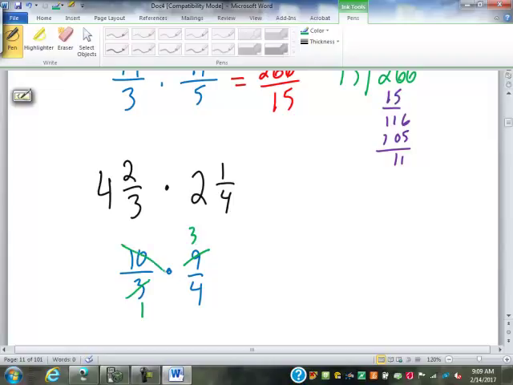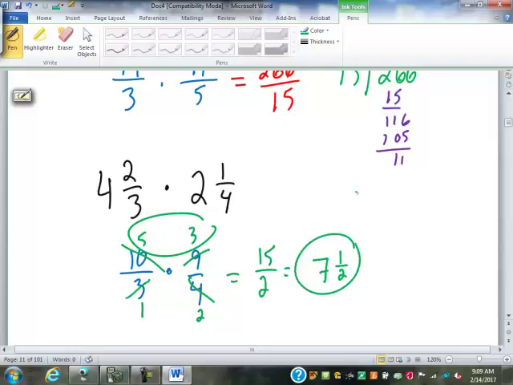What else? 10 and 4 both divide by 2. 10 divided by 2 is 5, 4 divided by 2 is 2. So 5 times 3 is 15, 1 times 2 is 2. 2 goes into 15, 7 with 1 left over. You could have done 90 over 12, but it's a lot more work to reduce it then.